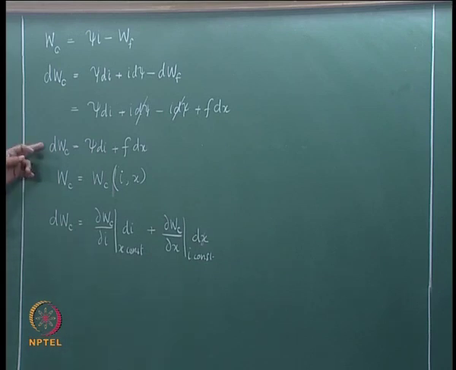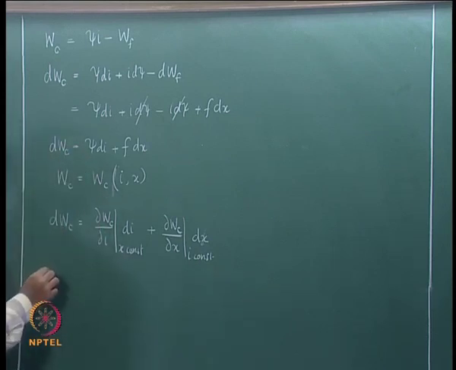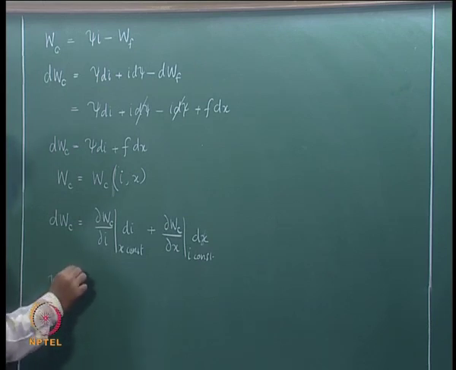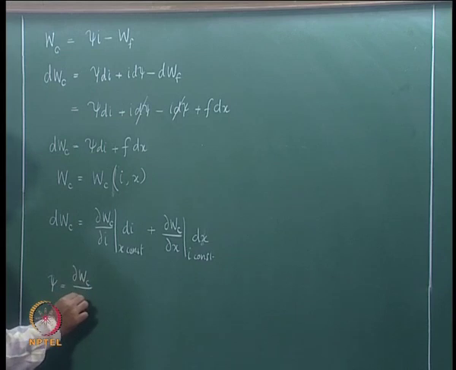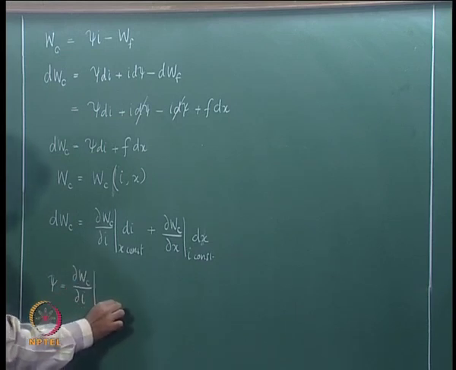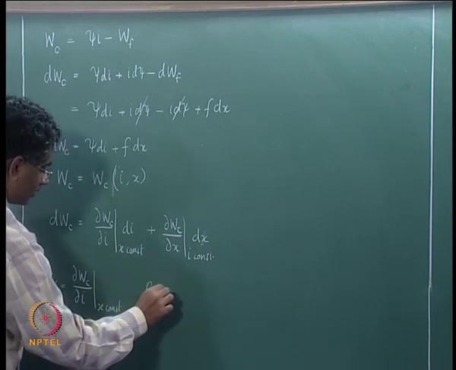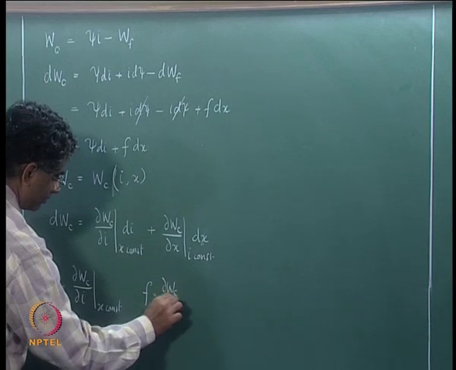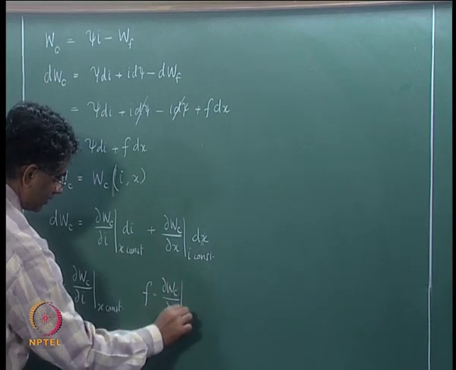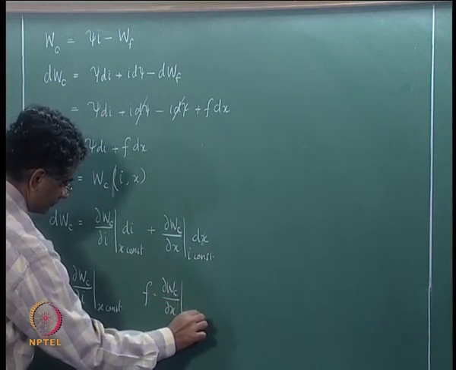And these two expressions have to be the same, because both represent differential changes in the co-energy. By comparing these two, we can say that psi is equal to dou Wc by dou I, keeping x constant, and force is equal to dou Wc by dou x, keeping I constant.